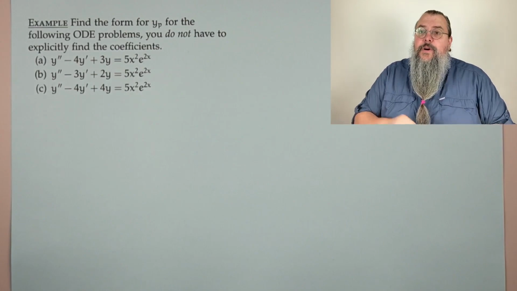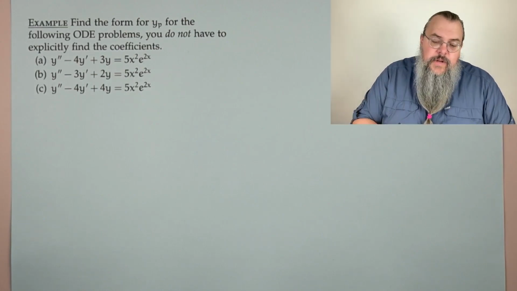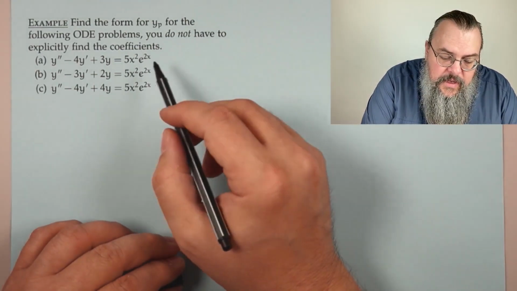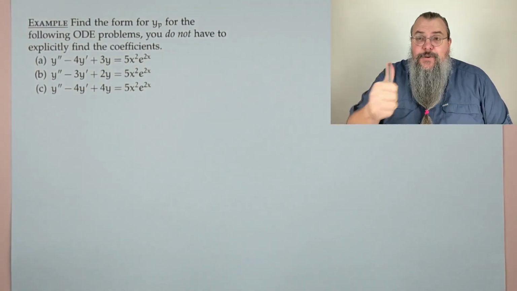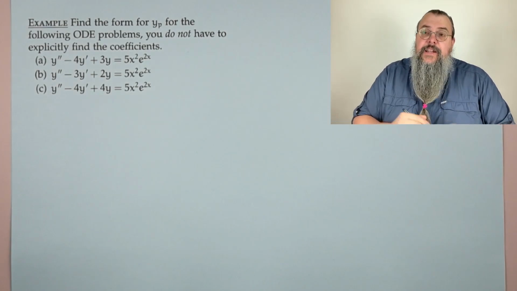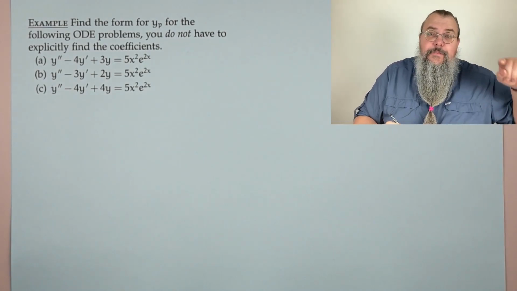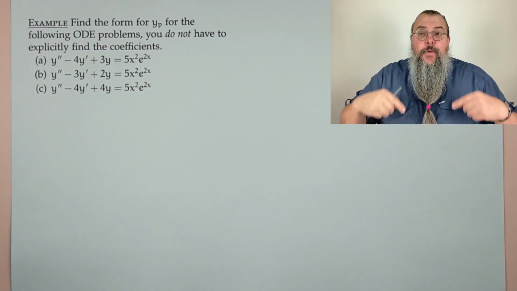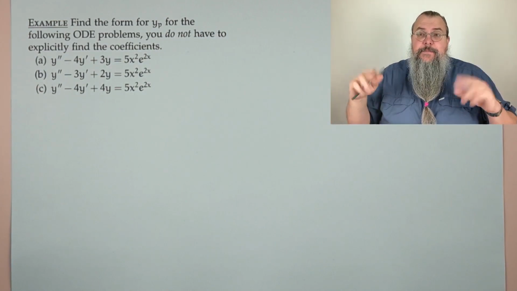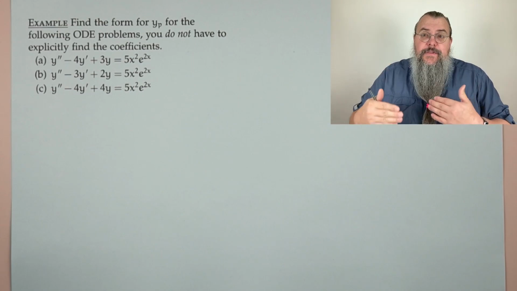Okay, so what's the rule? Well, we look at the right-hand side and we say, what's going on? We look at the pieces. Now, first question we ask: does the 5 matter at this point? No. We don't care about the 5. That 5 will matter when we're solving for the coefficients.